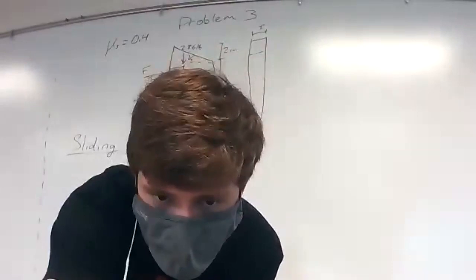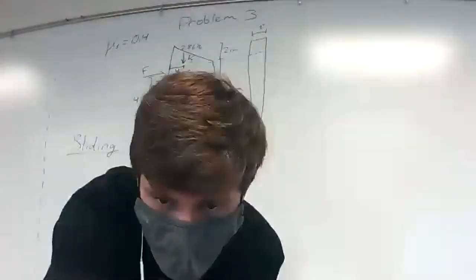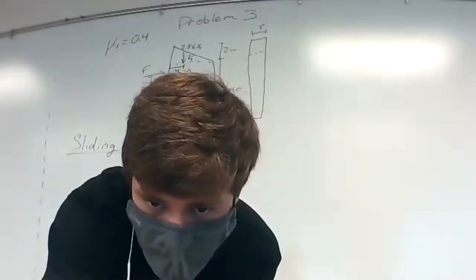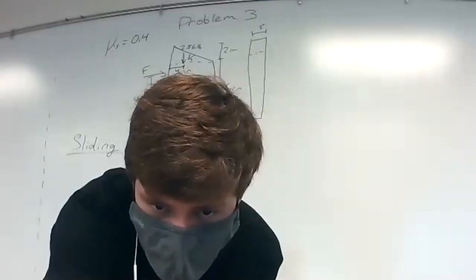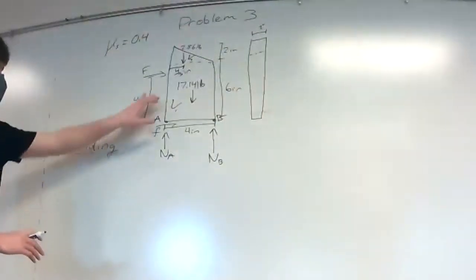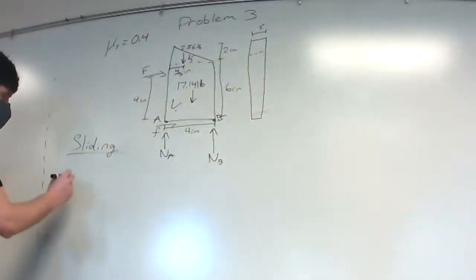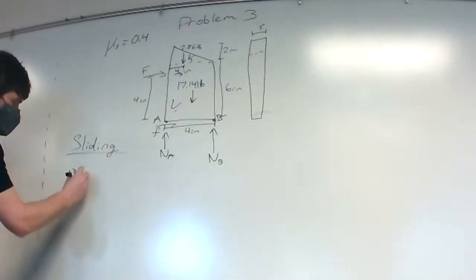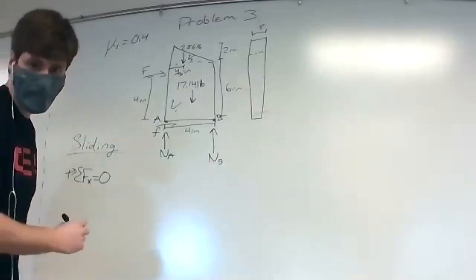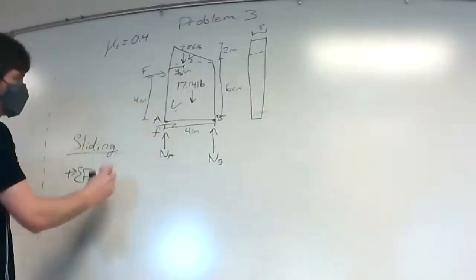And so we're going to have a bunch of F values, where we say in our equation, based on this, I have to say the sum of the forces in the x direction is equal to 0.